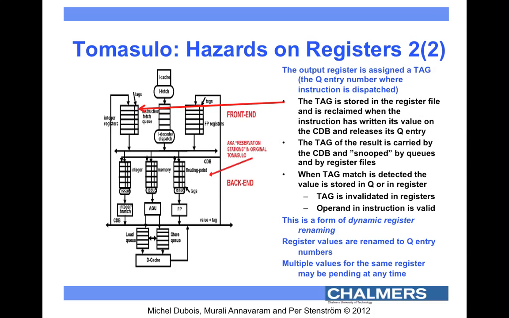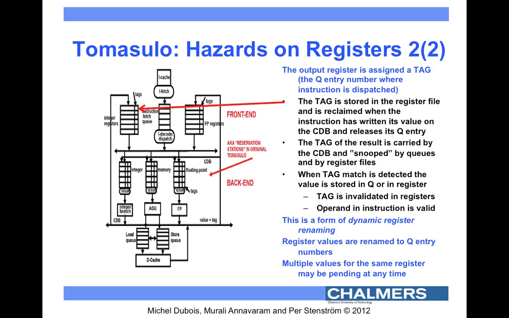So this will first of all deal with read after write dependencies, but what is so interesting is that it will also deal with write after read and write after write dependencies, because if there is a subsequent instruction that will write to exactly the same architected register, that will receive a different tag than the tag used by the previous instruction that is reading from it.